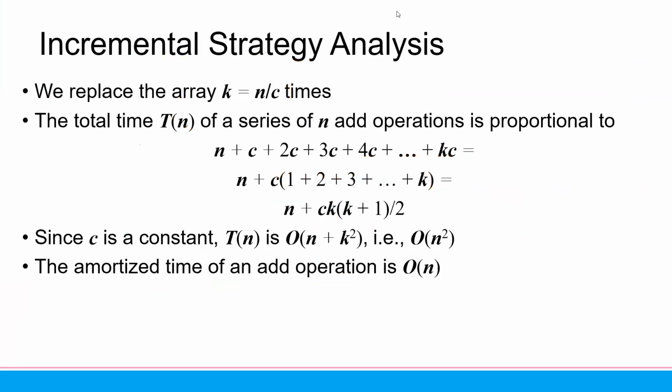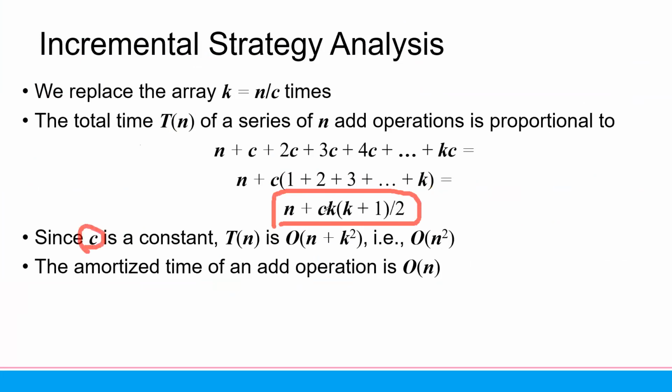So we can have this formula: the total time will be n plus c times k multiplied by (k plus 1) divided by 2.